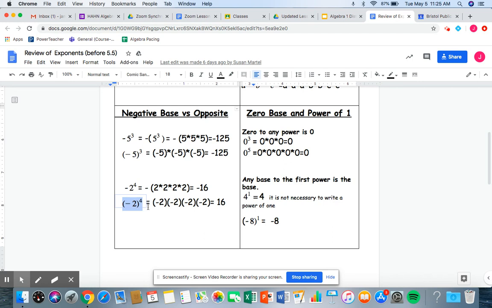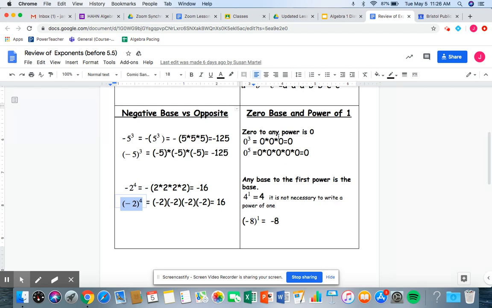So let's multiply negative 2 by itself 4 times. So you can notice that string of multiplication here. And remember, a negative times negative is a positive. So negative 2 times negative 2 is positive 4. And negative 2 times negative 2 is positive 4. And multiply those together, you get positive 16. So they look like they're talking about the same thing, but you're getting different solutions. So be very careful about that.